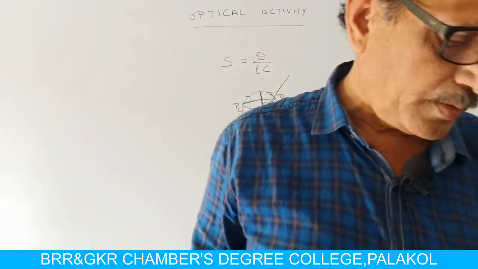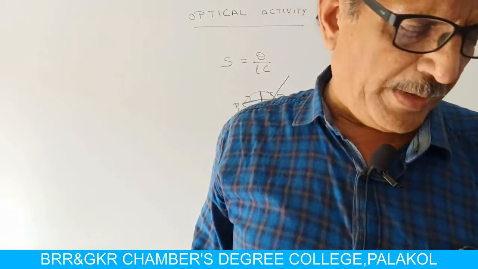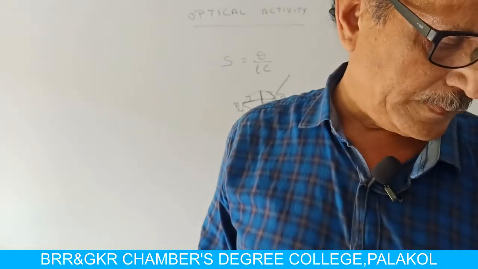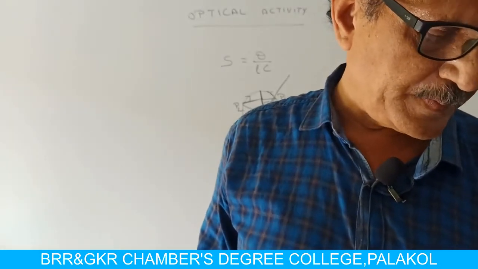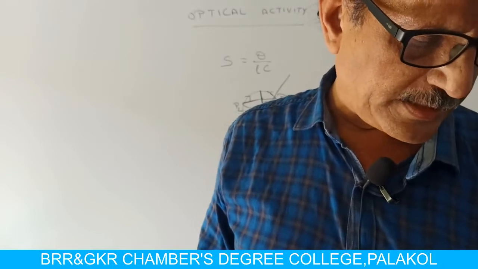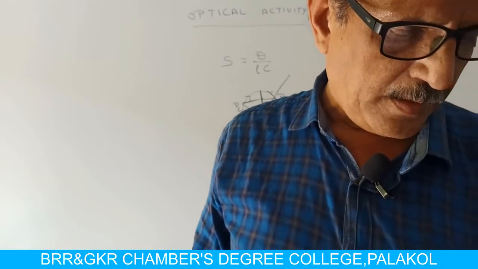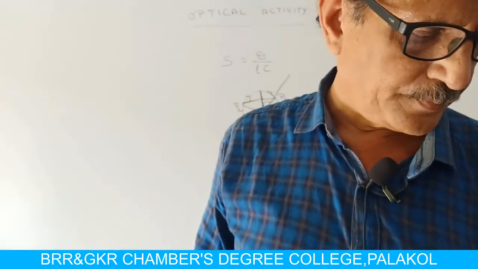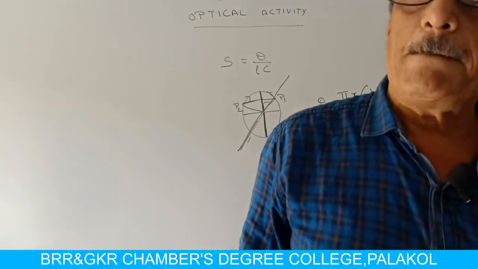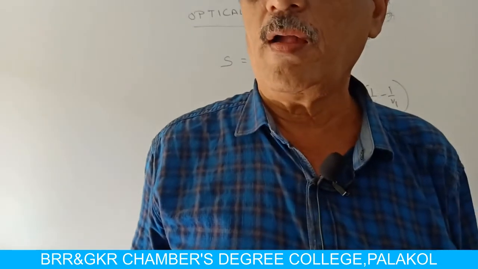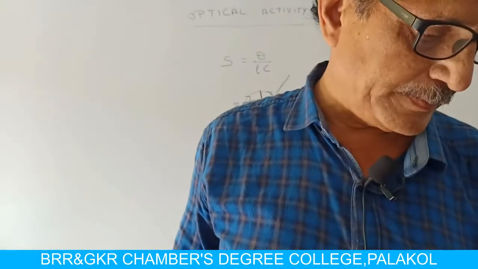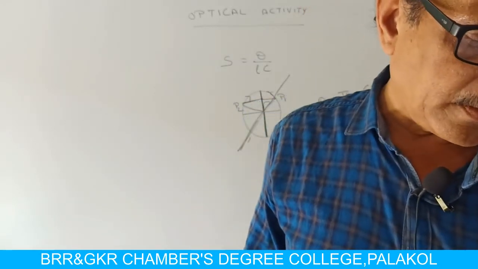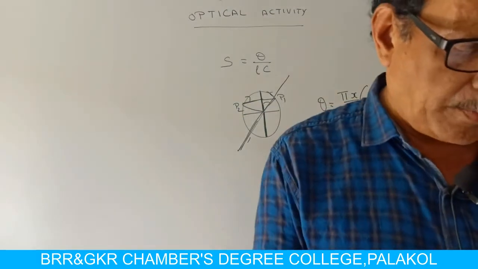So, by using this concept, Lorentz determined the angle of optical rotation by using the Lorentz half-shade polarimeter.